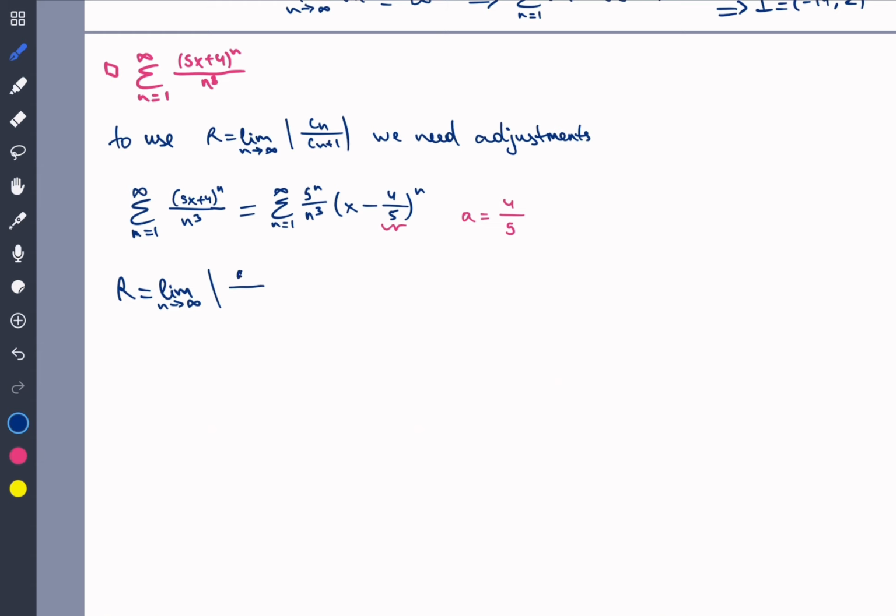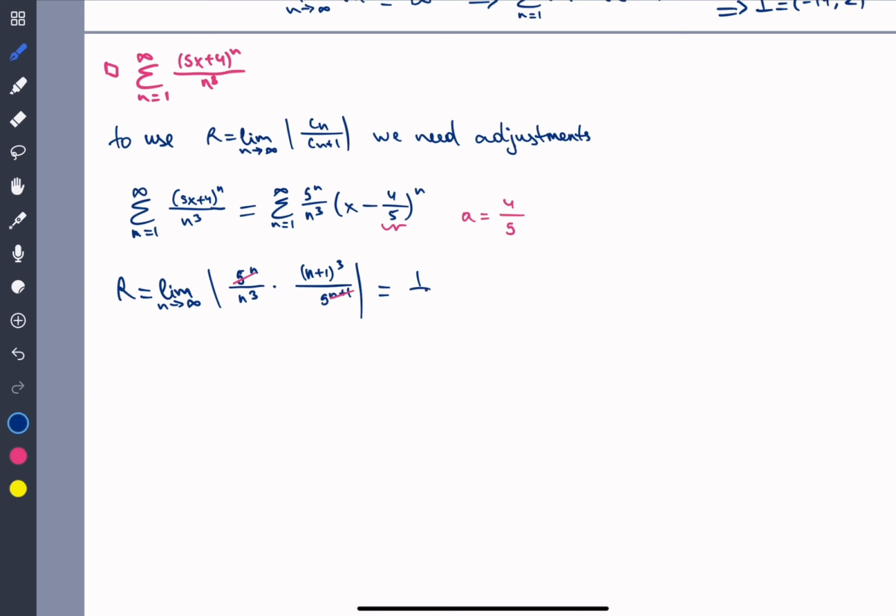And we just do the usual. We have 5 to the power of n over n to the power of 3 multiplied by n plus 1 to the power of 3 over 5 to the power of n plus 1. We can get rid of the absolute value again because n is tending to positive infinity, and we can also cancel out the terms that it is possible to cancel out.